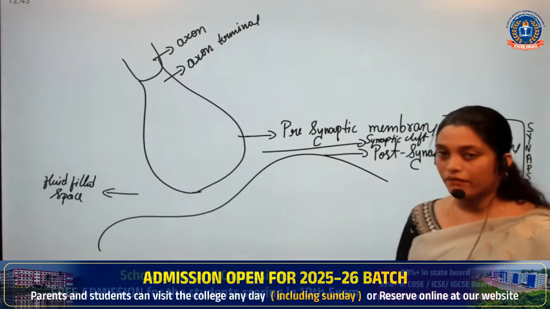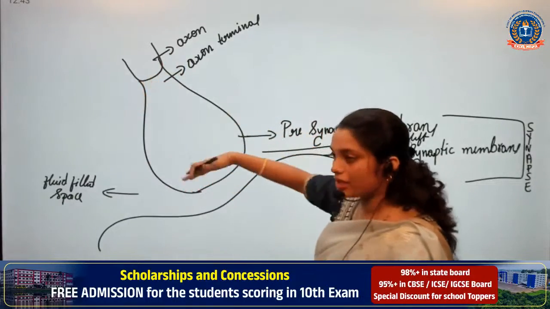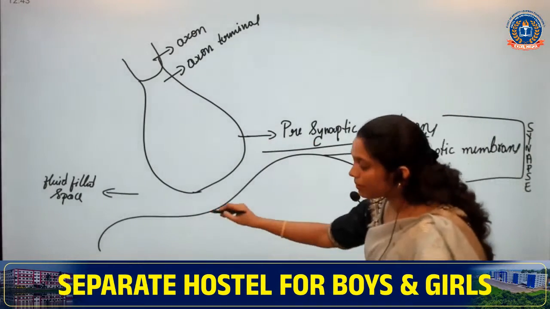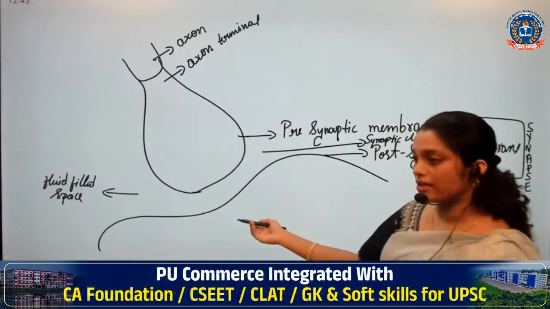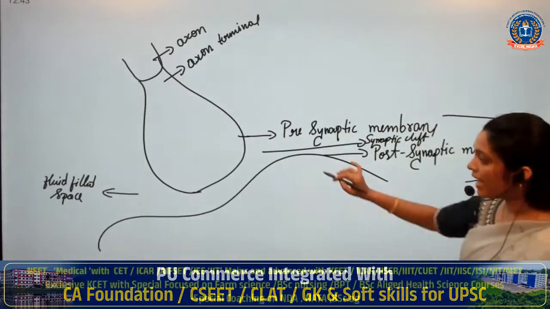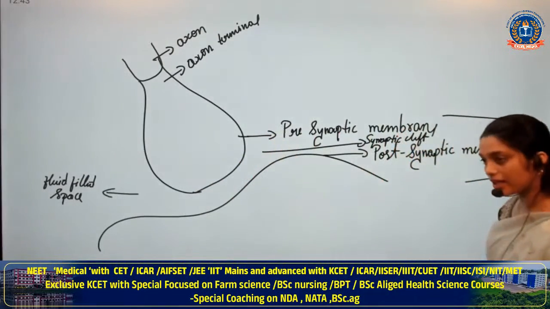Synapse. We have the axon terminal, and in the synaptic knob region this part is called the presynaptic membrane. It can be another cell or another cell's dendrites. It is the postsynaptic membrane, and there is a fluid filled space between, which is called the synaptic cleft.